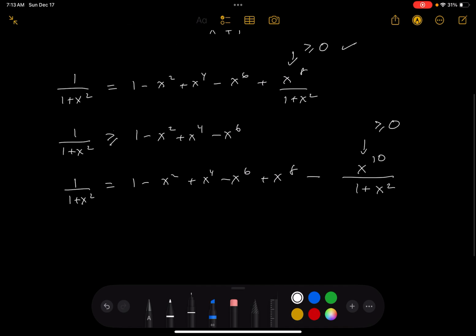But what am I doing now? I'm subtracting it. So 1 over 1 plus x squared, 1 minus x squared, plus x to the 4th, minus x to the 6th, plus x to the 8th. And the reason is, if you look at this thing over here, it's pulling something away from it. So if I took that away, it's going to get bigger.